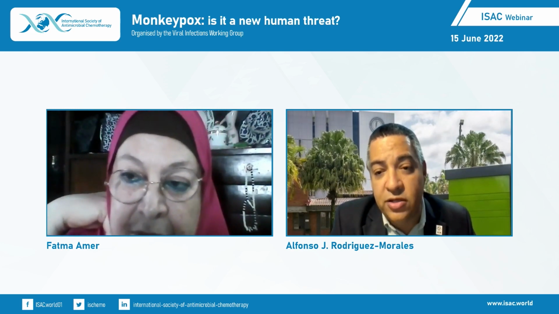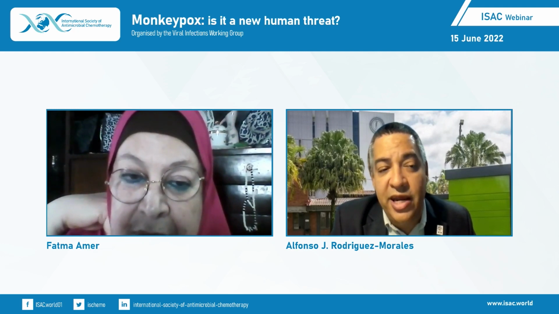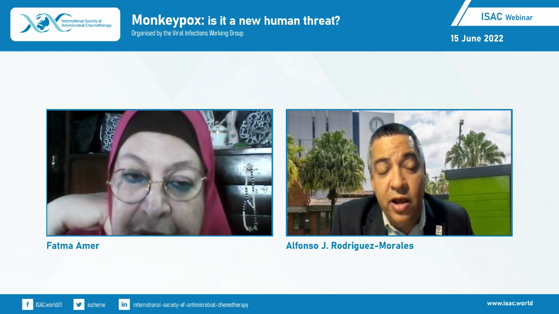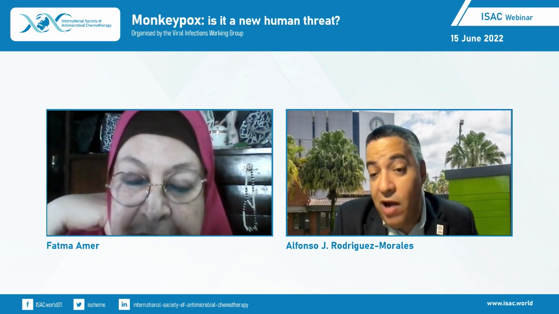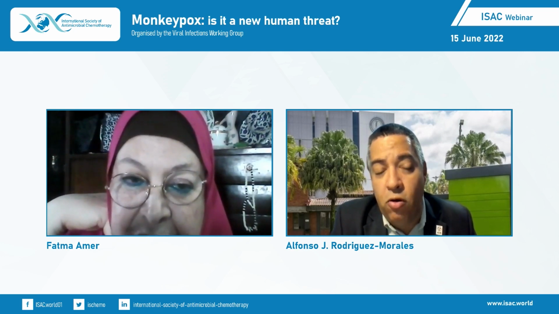In animal studies, you may see that this virus may reach practically any organ or system: brain, lungs, even testes, skin. So it's multisystemic. And right now in humans, we have to look at that also.